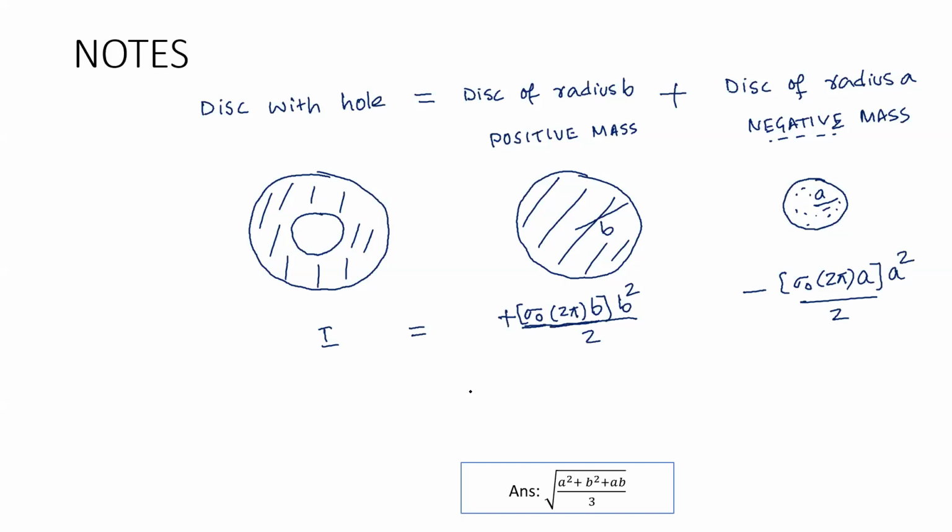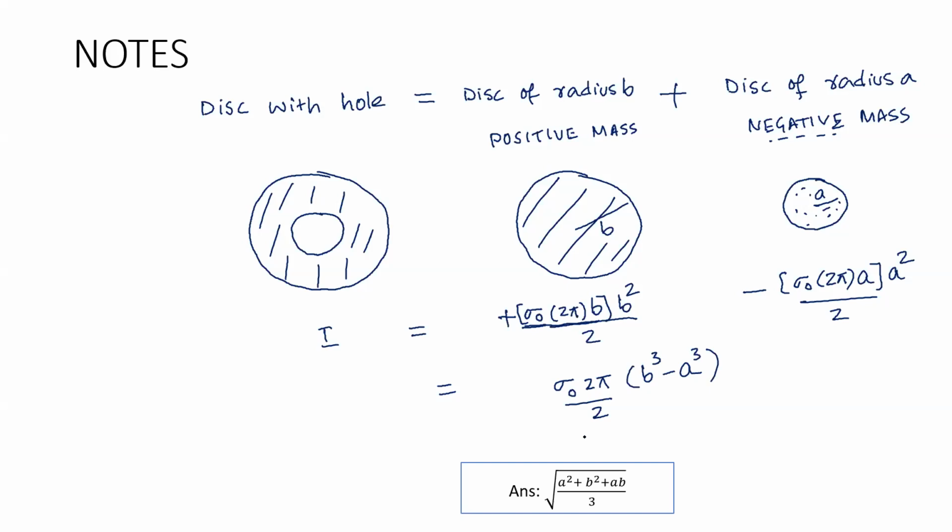Then when I subtract this, what do I get? I get sigma naught 2 pi by 2, and then I'll get b cube minus a cube.